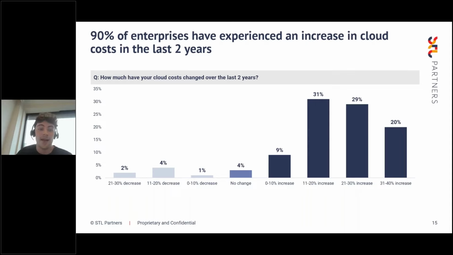Just to restate, enterprises are generating and collecting larger volumes of data than ever before. And that is resulting in increased resource consumption and ultimately higher cloud storage and transfer costs. What maybe we haven't touched upon yet and can expand upon a little bit here is the idea that cloud providers are incurring substantial costs associated with the building and the maintaining of infrastructures to support their networks.